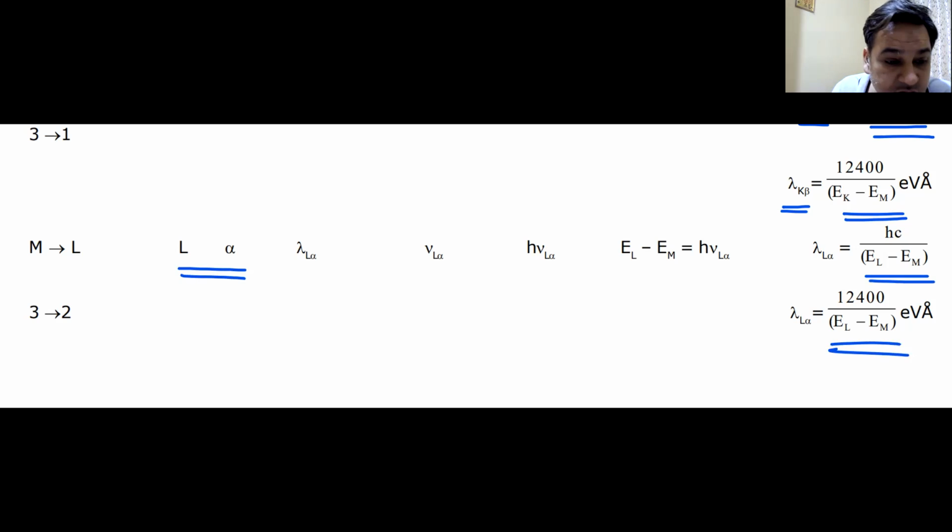I'll give you a minute to note everything down. It's already there in your sheet, so you can very easily see it. And now we have the entire picture of what the spectrum of X-ray would look like. Have we noted down this formula?